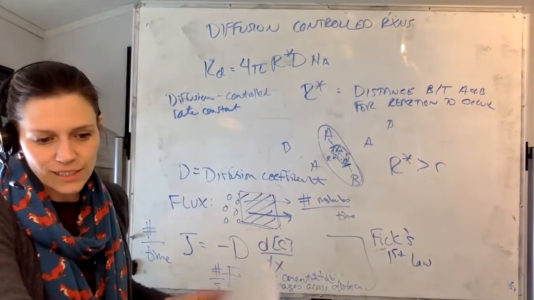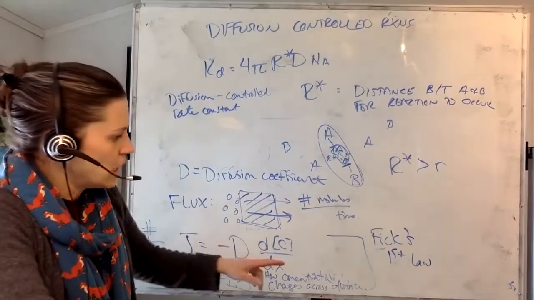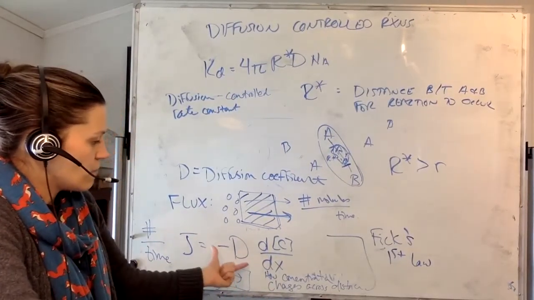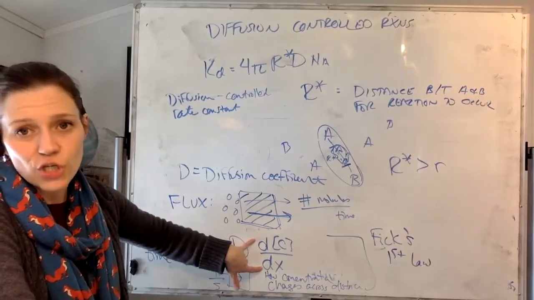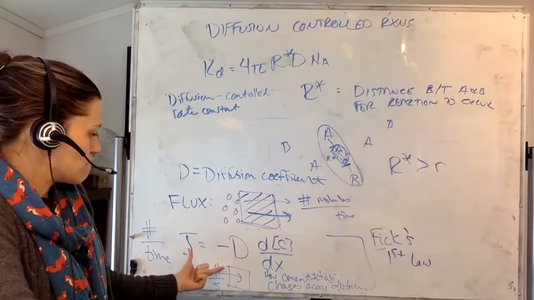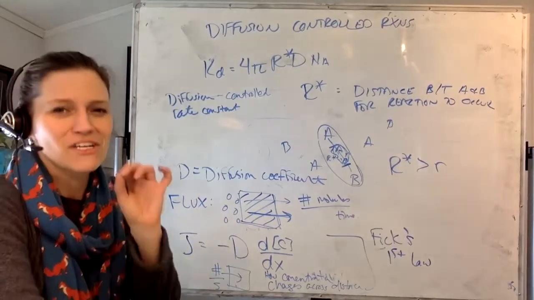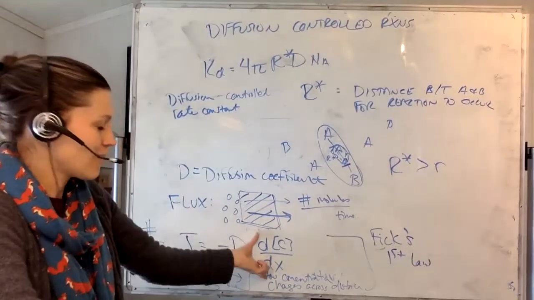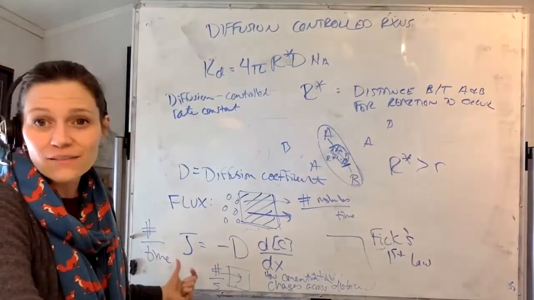Fick's second law we're going to get to in just a little bit. But this tells you that the diffusion coefficient is the factor that scales the derivative of the concentration, which is called the concentration gradient here, to give your flux.